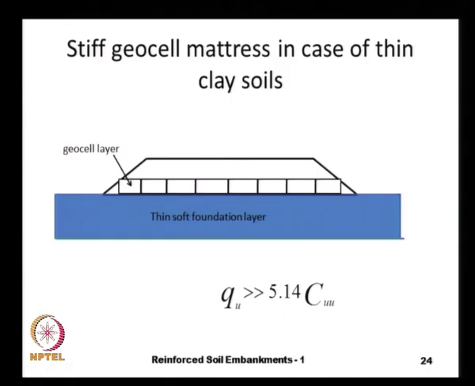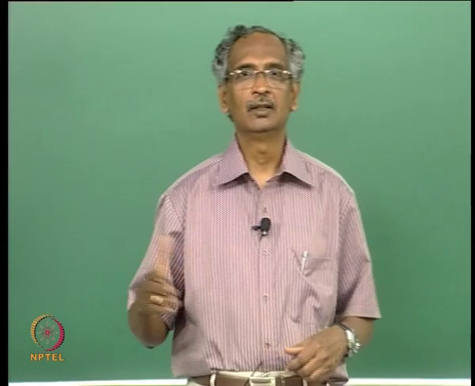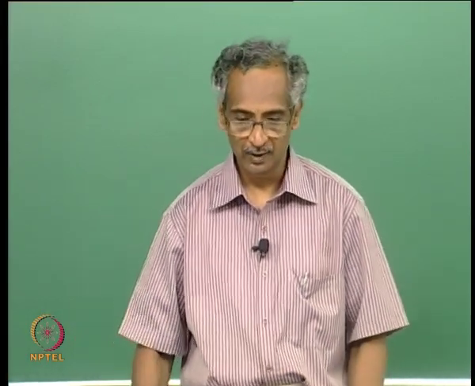Let us say that we have a very strong foundation soil here, and at the top also we have a very strong and stiff geocell. In this case the qu that we can expect is much more than 5.14 cu, that is the normal Terzaghi's bearing capacity equation, where the ultimate bearing capacity is about 5 times the undrained cohesive strength.